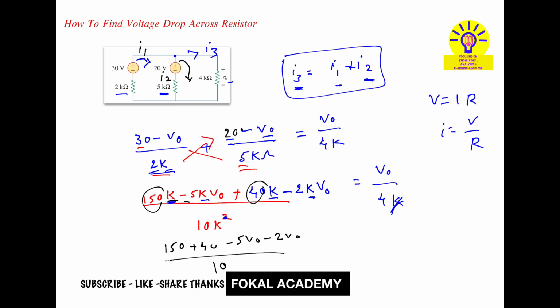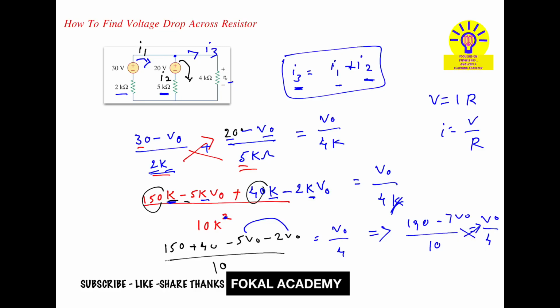So this is the result: V equal to V0 by 4. From this we will get 150 plus 40, nothing but 190. So 190 minus 5 V0 minus 2 V0, nothing but minus 7 V0, by 10, and that's equal to V0 by 4.